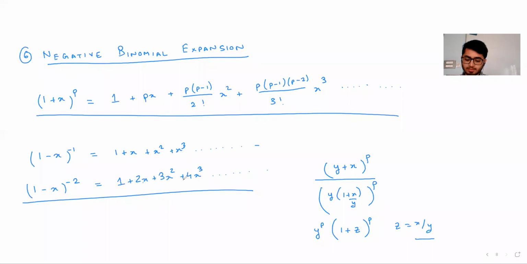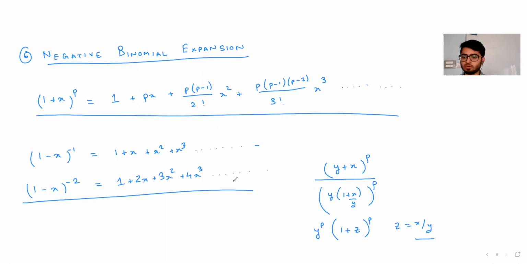Is this clear to one and all so far? Okay. Is it an AGP? Yes. We could also say this to be an arithmetic geometric progression because the coefficients are in AP and the powers of x are in GP. Yes, this is a result, (1 minus x) to the power minus 2.